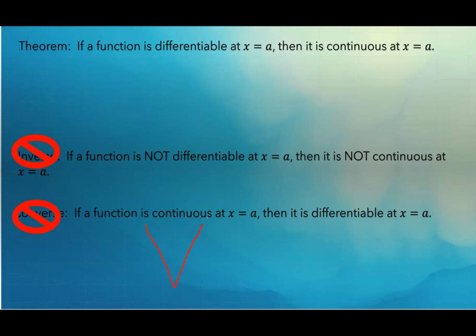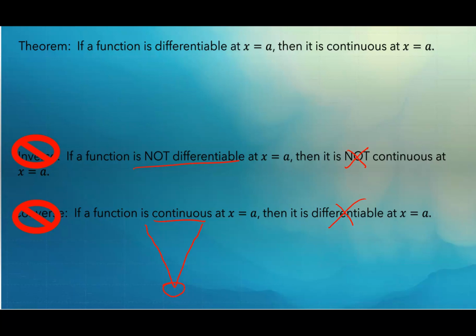The absolute value graph looks like this, right? Right here, not differentiable. However, it's continuous. There's my example right there. Or here, continuous, but what? Definitely not differentiable. Okay, so one counterexample for both of those statements.